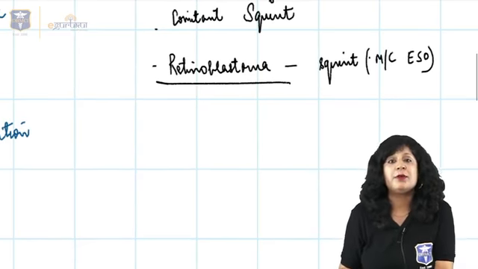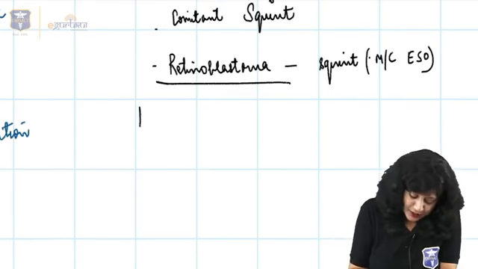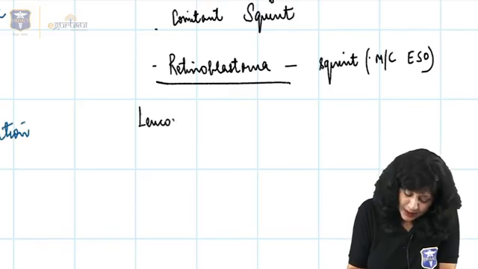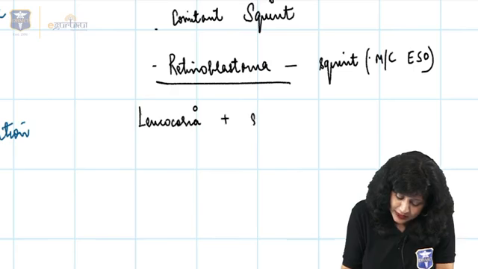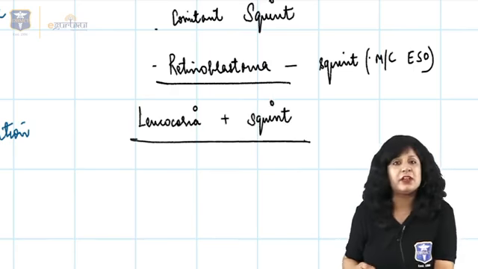But if the patient is having retinoblastoma, they should also have mentioned leukocoria, which is the most important sign. Along with this, squint is the second most common sign. So they have not given this.